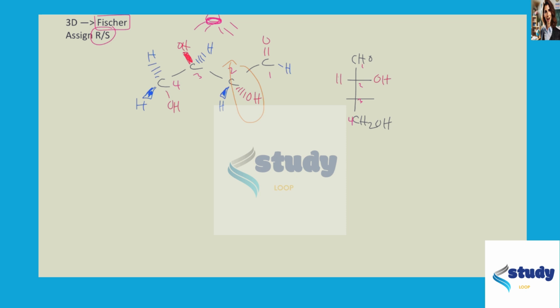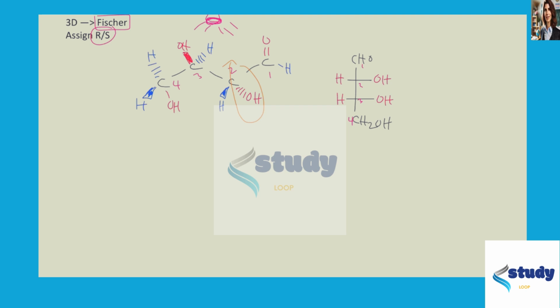So OH would be on the right side, and hydrogen would be on the left side. And then CH2OH doesn't matter anymore, it is not a chiral center. So that would be our Fischer projection.